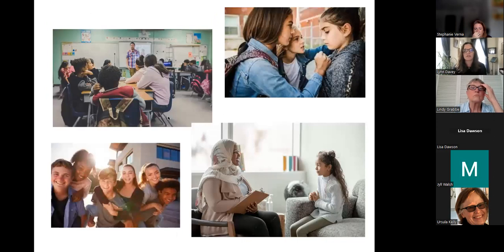These are some others that I found in infographics. The one on the upper right is actually showing an incidence of bullying, right? The one on the upper left could be suggesting that kids are in school in some sort of program. The one on the lower right is peers together.